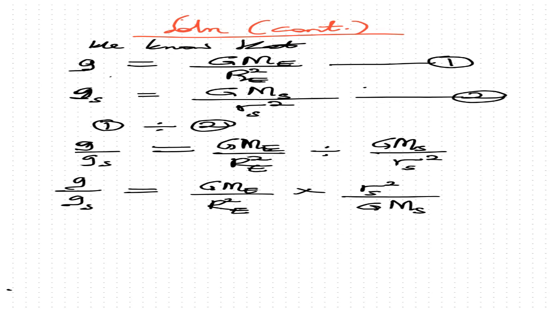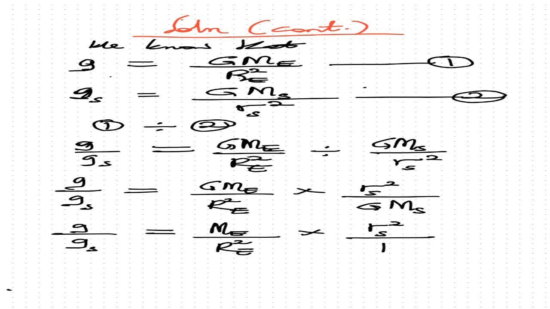What do we have as a similar letter? The Gs are similar, so they will cancel out. So what are we left with? We are left with ME over RE squared times RS squared over MS.